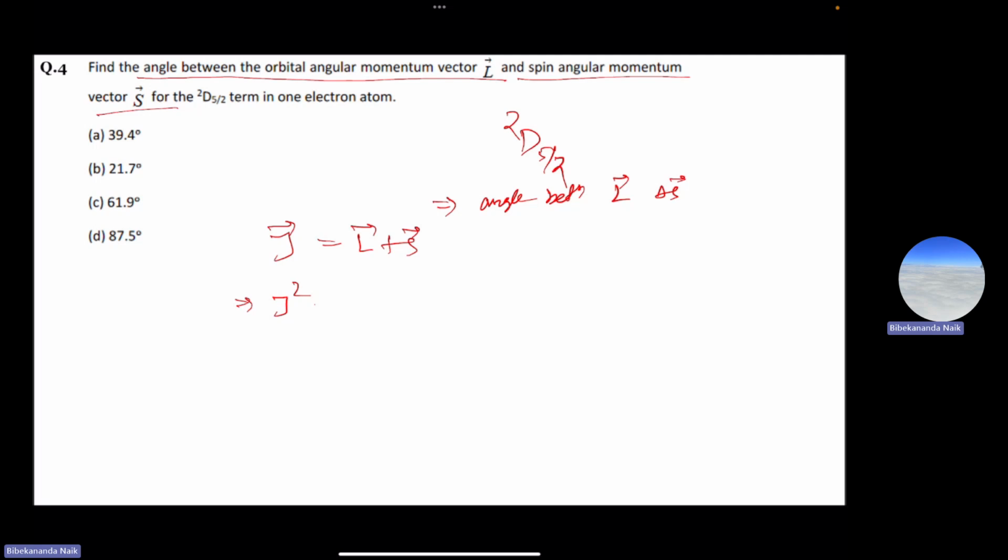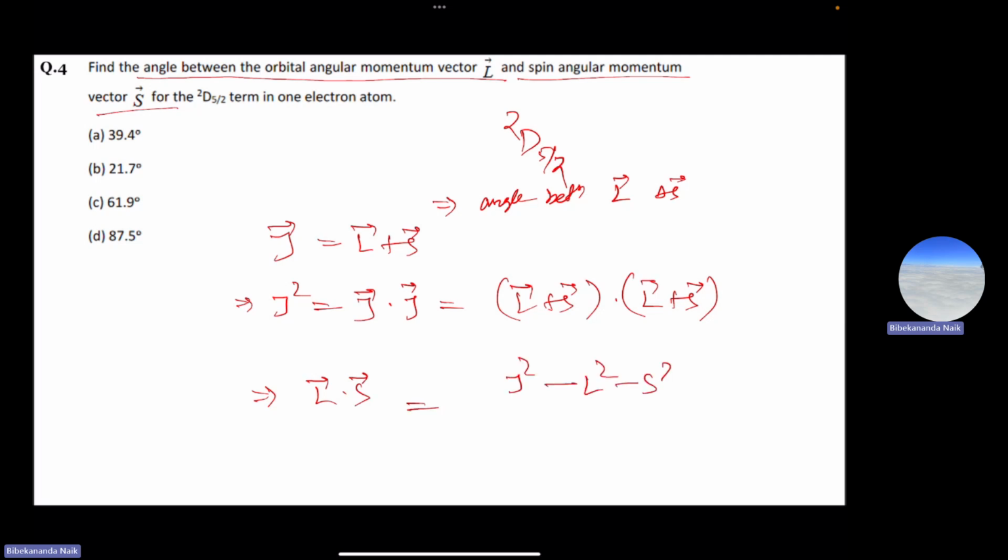So J square will be J vector dot J vector, that is L vector plus S vector dot L vector plus S vector. If we derive it, it will give L vector dot S vector equals J square minus L square minus S square divided by 2.